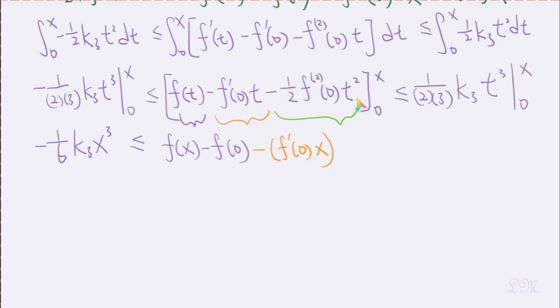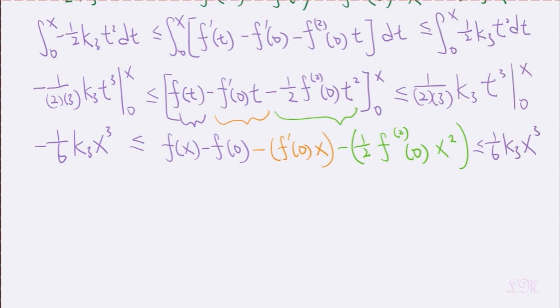Finally, for the term I marked green up there, once you plug in 0 for t, it's gone. So it's just negative 1/2 times the second derivative of f evaluated at 0 times x squared. And also less than or equal to 1/6 k sub 3 times x cubed.